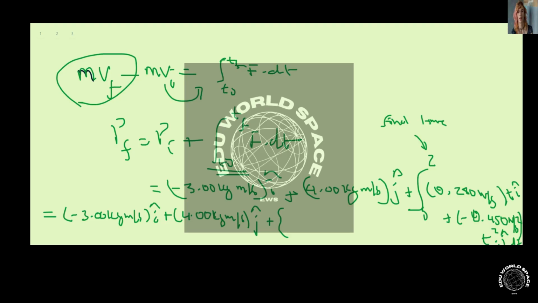The integral of t happens to be t squared over 2, and so this is 0.280 Newton per second t squared over 2 from 0 to 2, and then plus, we have to highlight that, negative 0.45.